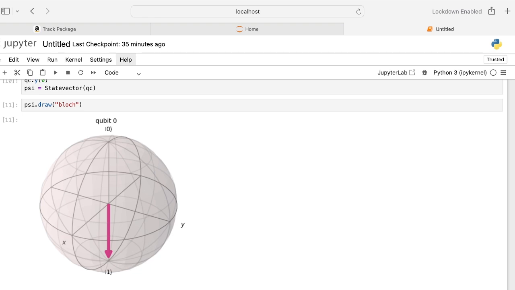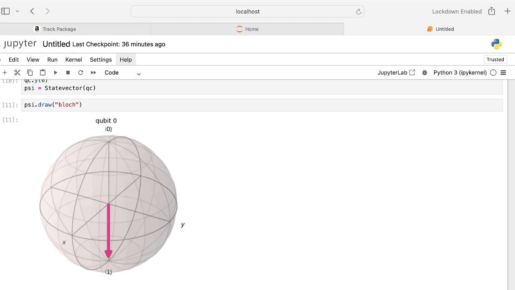All right, so I'm putting it through a Hadamard gate, right? And then just reassigning the variable psi to this quantum circuit, which has been through two X's, a Y, and now a Hadamard.